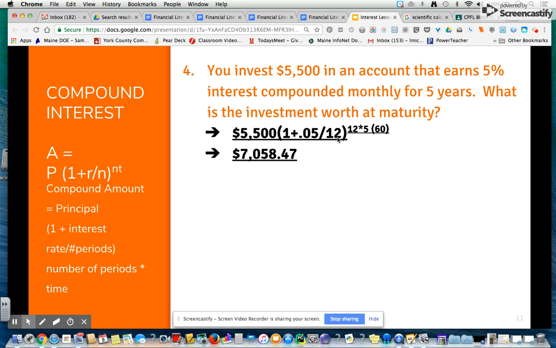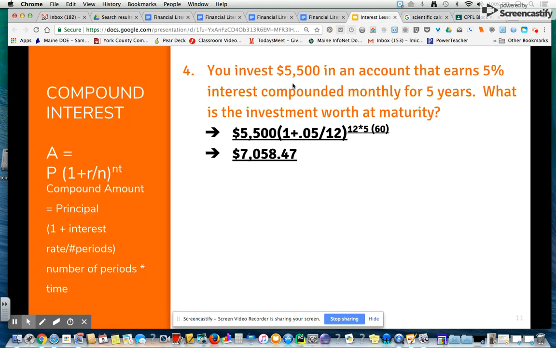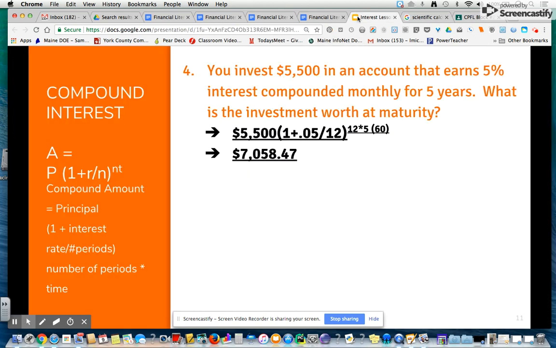So we did that. Now the next step would be to raise it to the 60th power. X to the y, 60 equals. And then our final step is to multiply that by the principal. So your answer is $7,058.47.